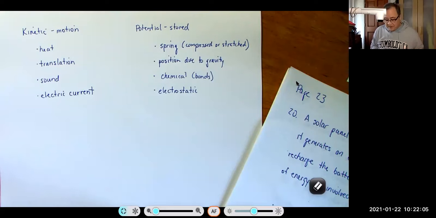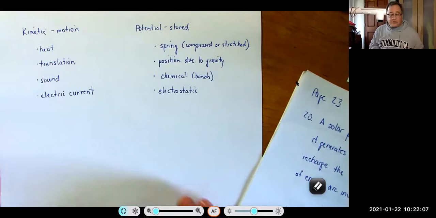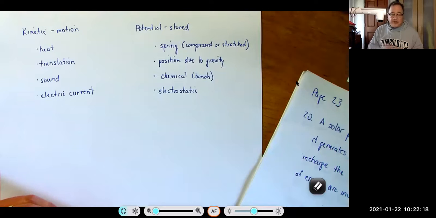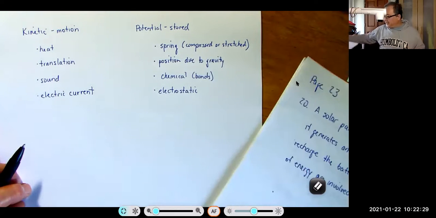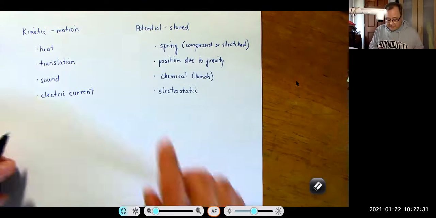Another example of chemical potential would be ATP, adenosine triphosphate, which people call the energy molecule in biology. And the reason that has energy is because of the chemical bonds. You actually break a bond to help capture the energy from breaking that bond. It's a little more complicated than that, but nonetheless, it's due to chemical bonds.